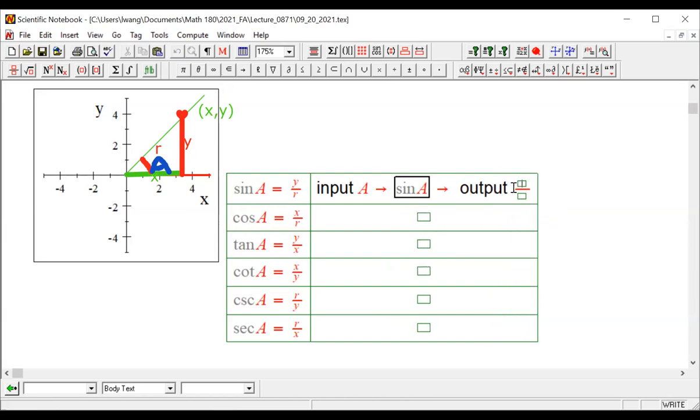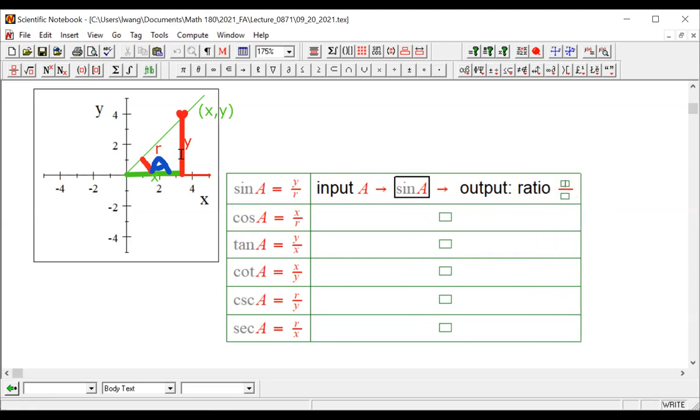What kind of ratio? Now it comes to the opposite over hypotenuse. Do you guys see that? In your geometry class, you're dealing with just triangles. Now, all those right triangles are going to move into the rectangular system.